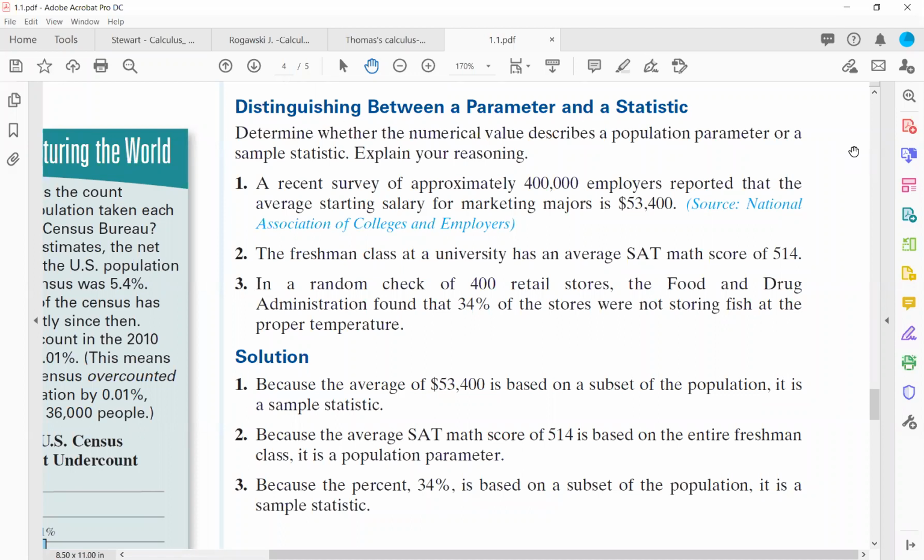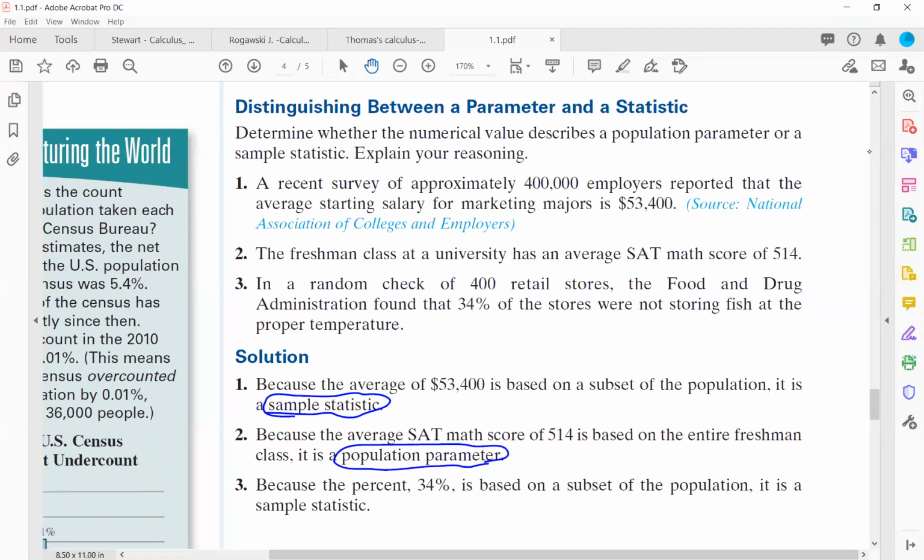The answer to question 1 is sample statistic, because the average of $53,400 is based on a subset of the population. So there is a bigger set involved here. So you found the sample statistic in 1. The second one is actually a population parameter.